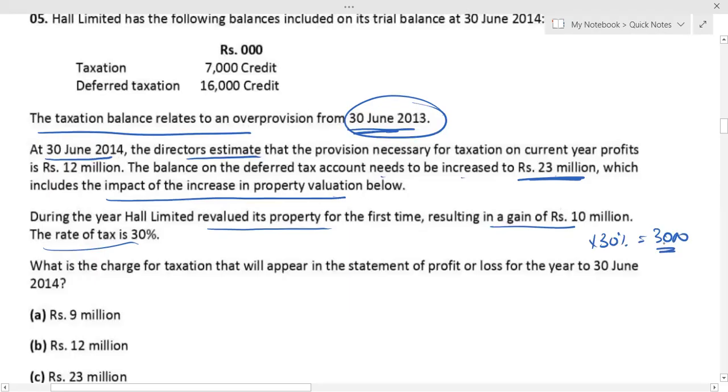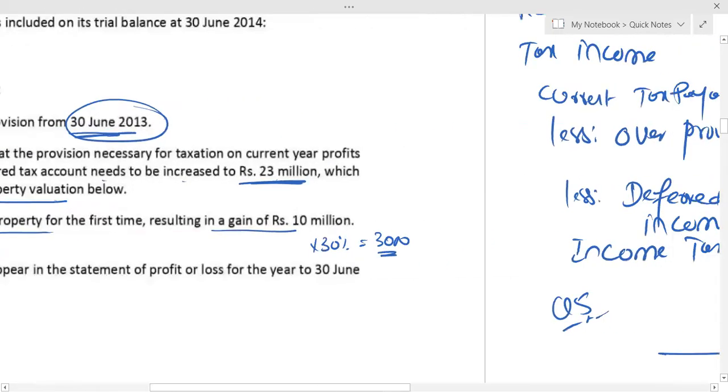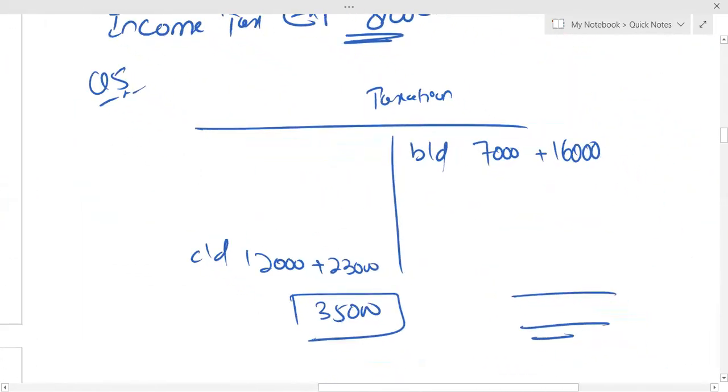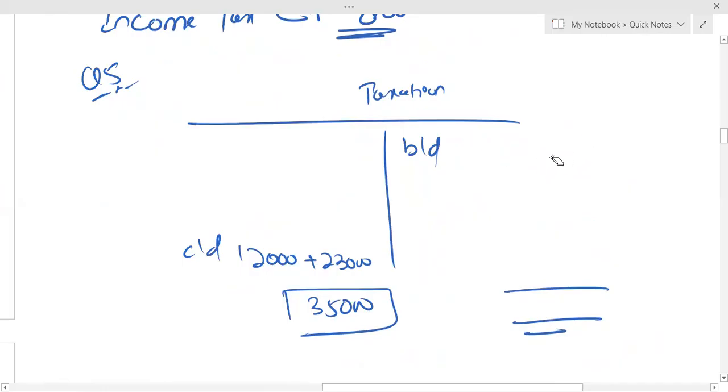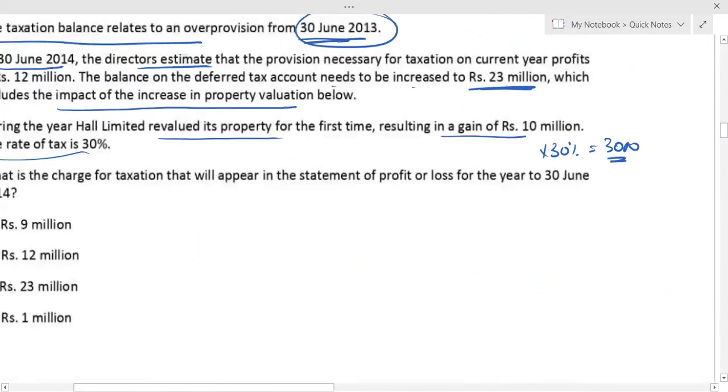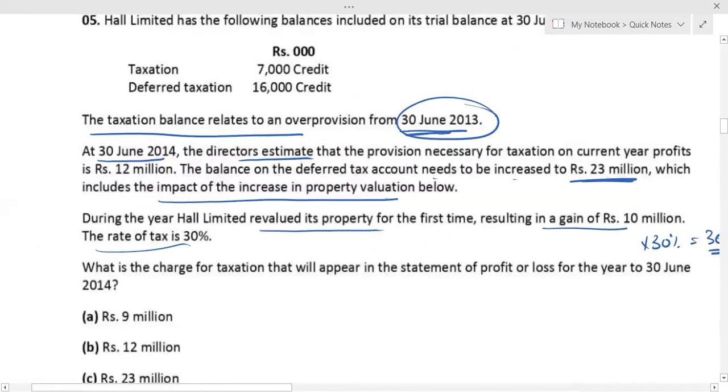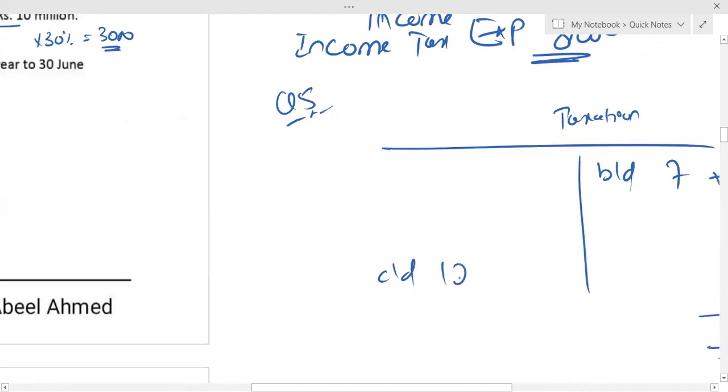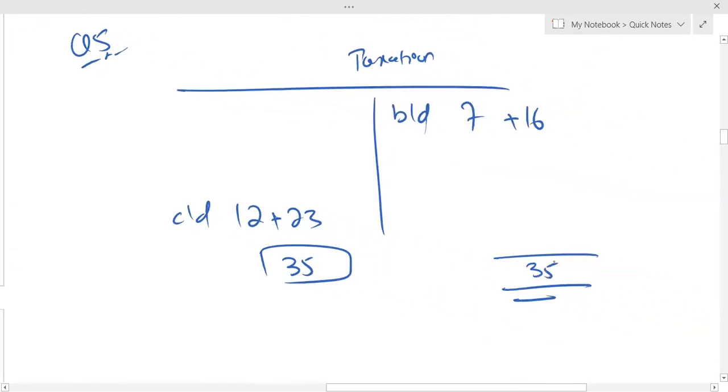Let's work in millions. 7 million, 16 million, 12 million. It's the same thing, in fact. So simply, when deferred tax liability relates to the revaluation surplus, it is charged to revaluation.